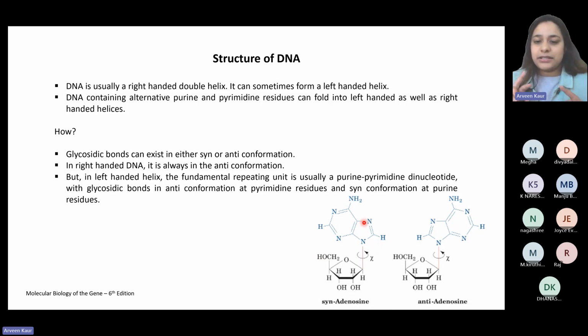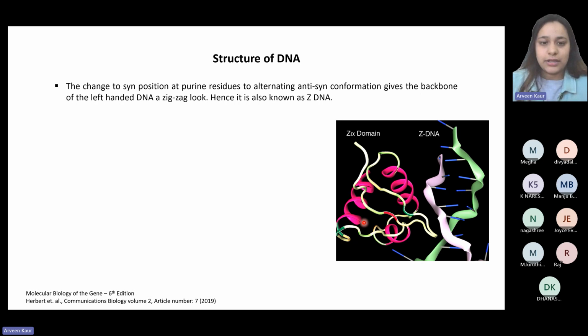Once they are present in an alternating unit, where one has a syn conformation and the other has an anti-conformation, what will occur? It will form a zigzag-like structure. The change to syn position at purine residues, giving alternating anti-syn conformation, gives the backbone of the left-handed DNA a zigzag-like look, going like this, then this, then this.